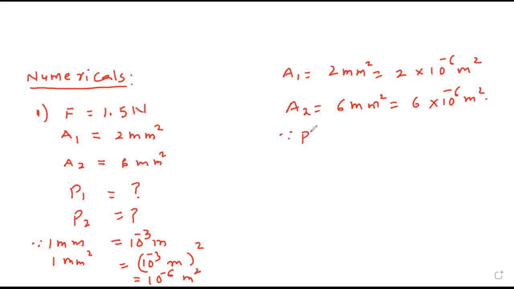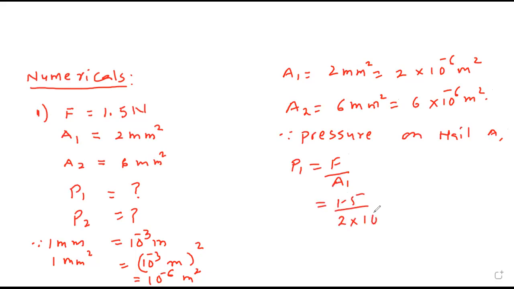Now pressure on nail A is force, that means thrust, per unit area, which is 1.5 upon 2 into 10 raised to minus 6.